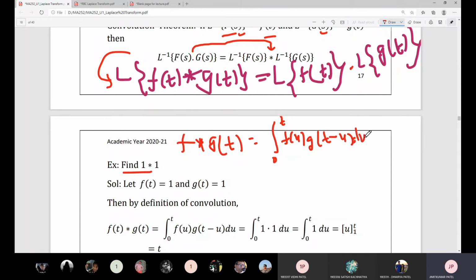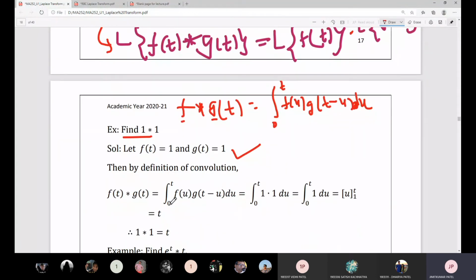Now what is our first requirement? We have two functions f and g, so first define f of t and g of t. From 1 star 1, f of t will be 1 and g of t will be 1. Now we can apply the definition of convolution.